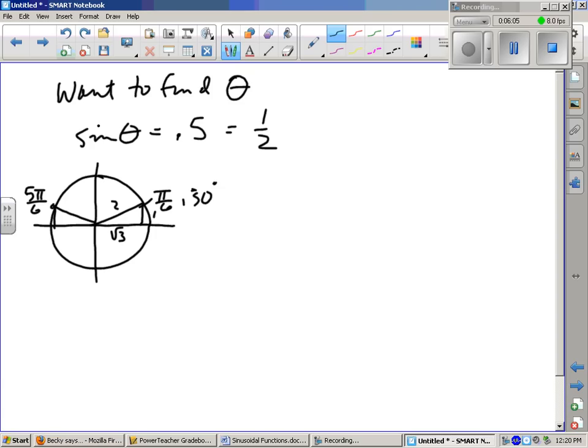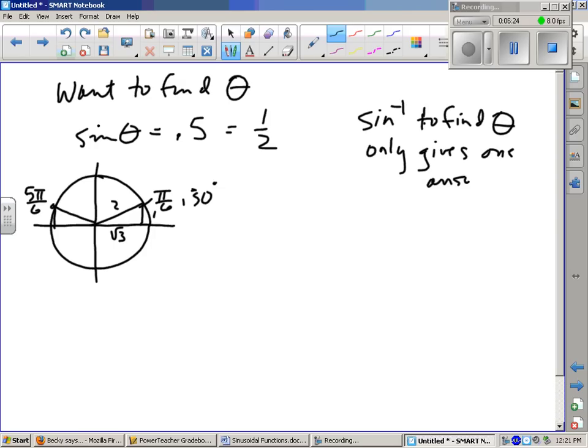If you want it on your calculator, you can do the inverse button to find theta. The problem with that is it only gives you one answer. You have to find the other answer. Most kids, when they first start doing this, forget that there are two answers. They just do it on the calculator, find one, and go on.